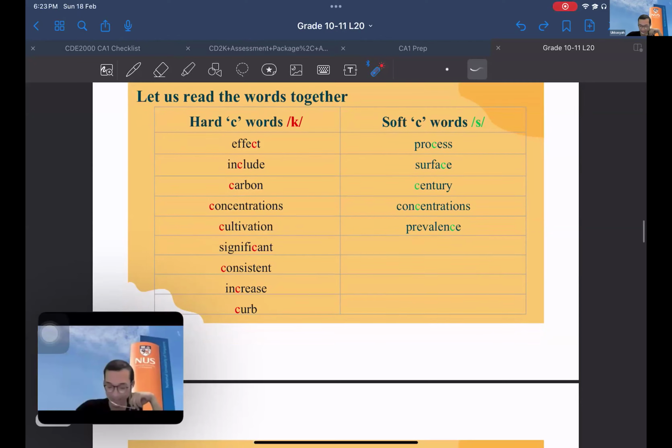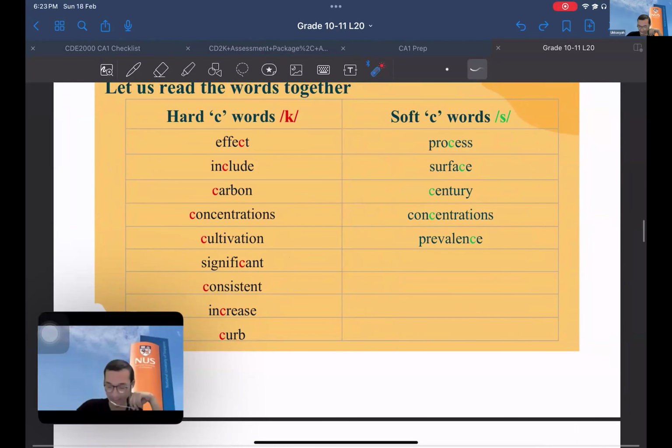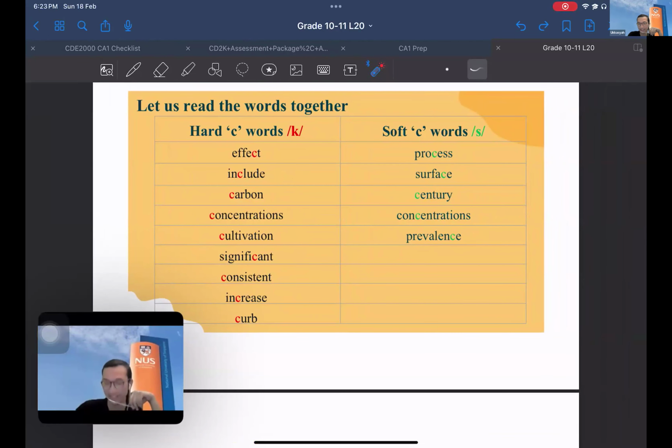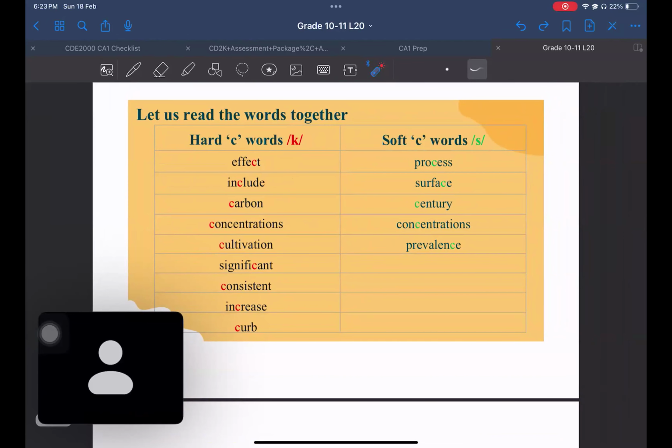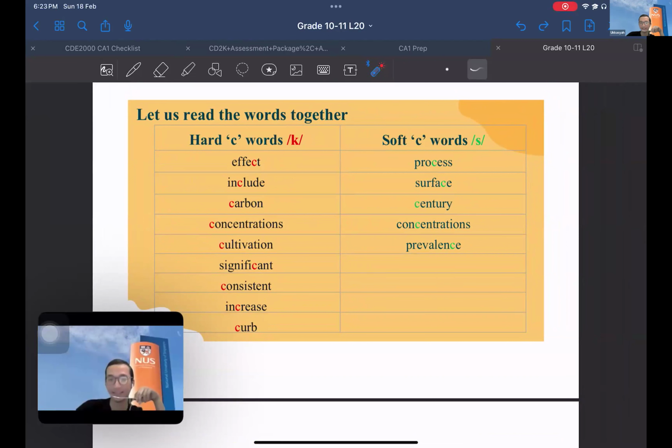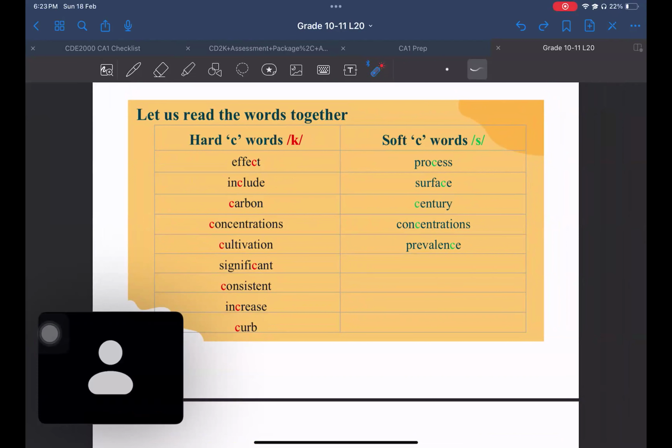Okay, let's go and have a try with the soft C. So I try. Yeah, sure. Go ahead. Include, carbon, concentrations, cultivation, significant, consistent, increase, curb.